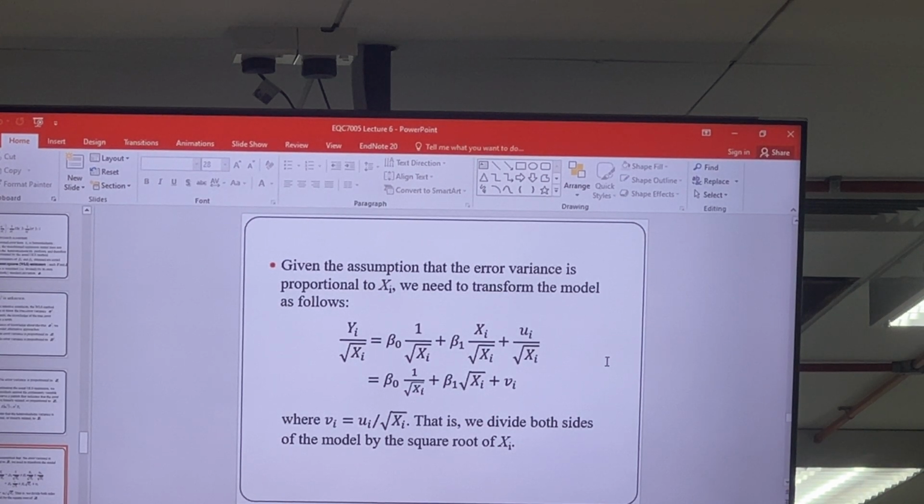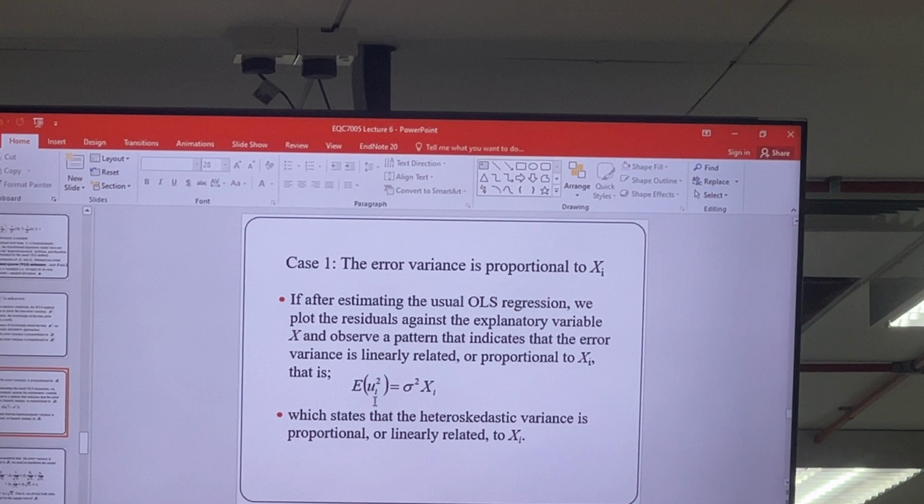Given the assumption that the error variance is proportional to xi, we need to transform the model so that the new error term vi has a constant error variance. The original one is not constant, because the error variance, sigma squared xi, depends on the value of x.